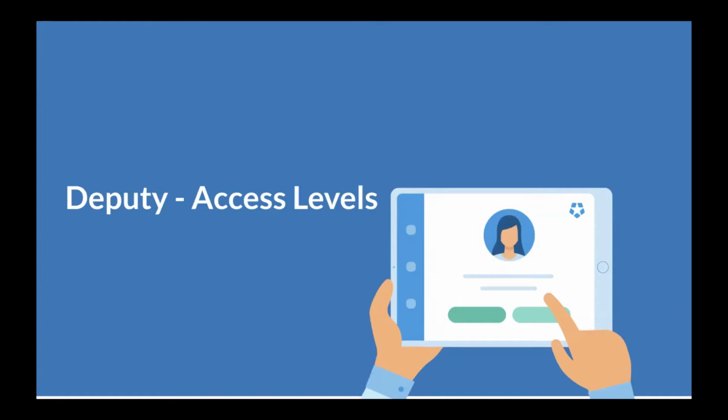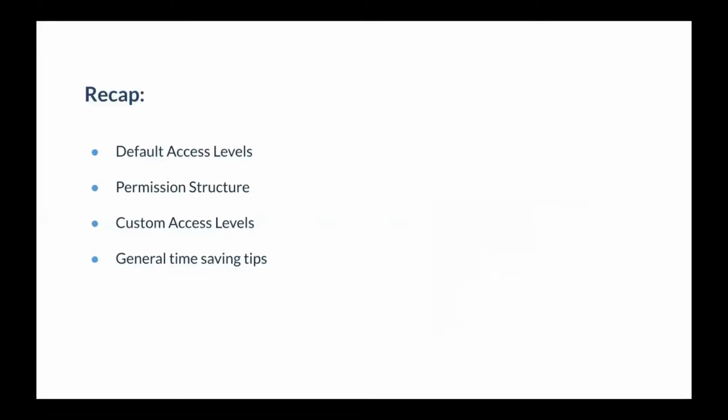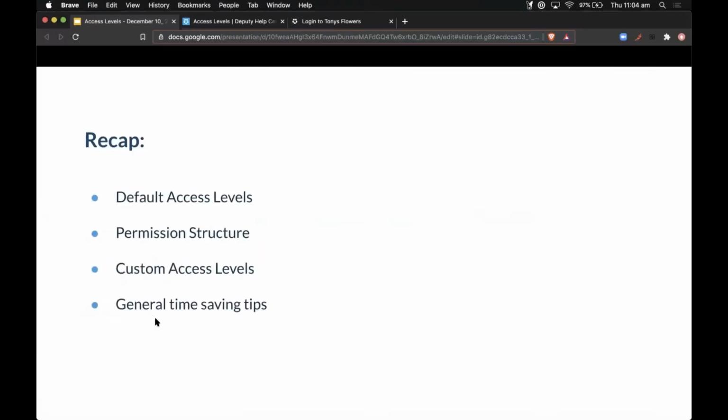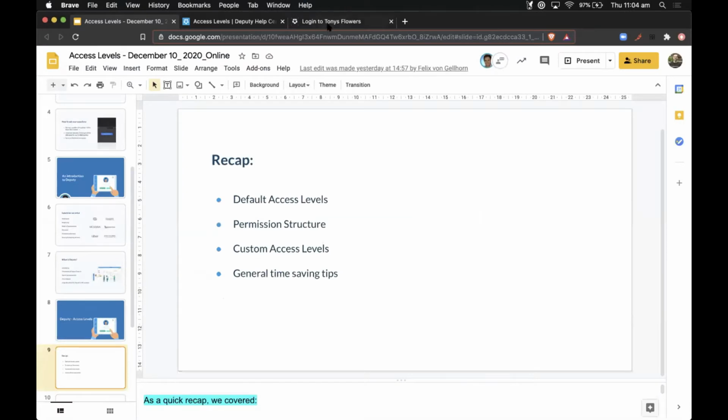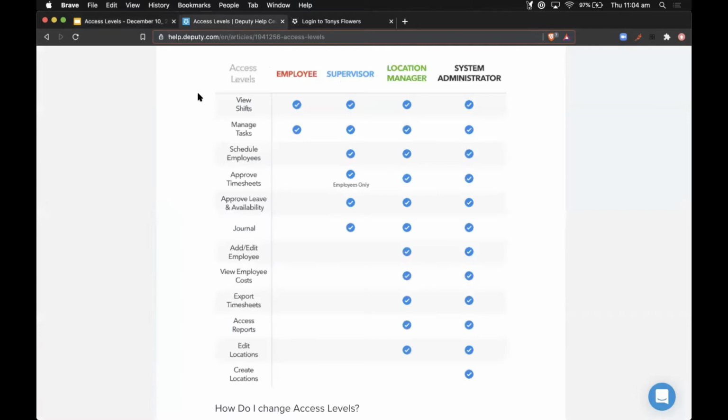So we'll be jumping in and out of a few instances of a Deputy account today, but it will still be the same Deputy account. And so what we'll do is we'll jump out of the presentation. Before jumping into the account, we're going to be using this as a really good template of what we want to go through today, because these are our access levels that we have. All the premium accounts have this built in at the moment.